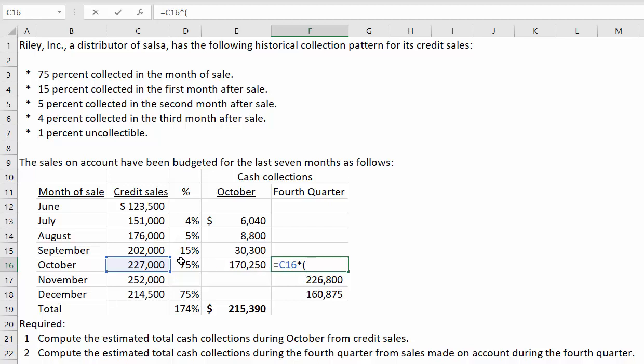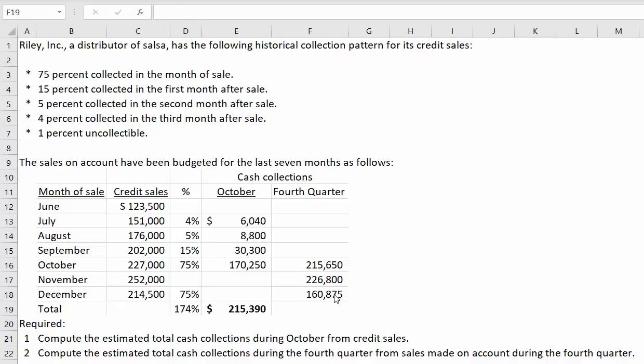So we know we're going to collect 75% in October, and we're trying to come up with the fourth quarter, and then we're going to collect 15% of that in November, and then we're going to collect another 5% of it, right, 2 months previous. So if we use it that way, I can come up with that amount, which is $215,650.